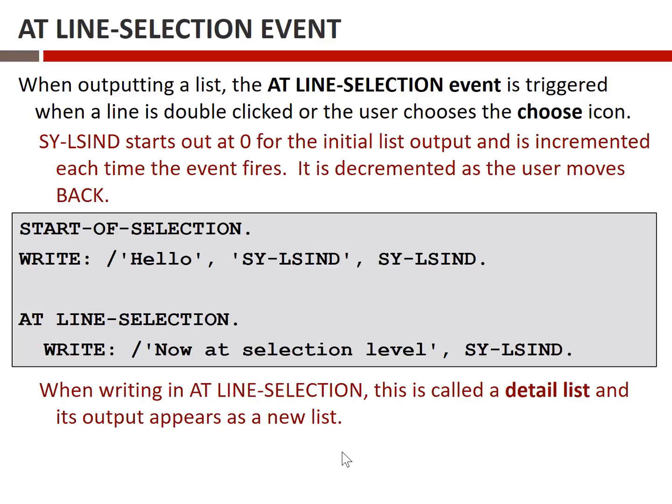Now, the first question is, could I do it with sy-lsind? Well, not really. I can do at-line selection, but that will move me to the next level, if you will, in my output. And at that point, I would know that I was at level 1, but I don't know what word or what line the user actually double-clicked on.